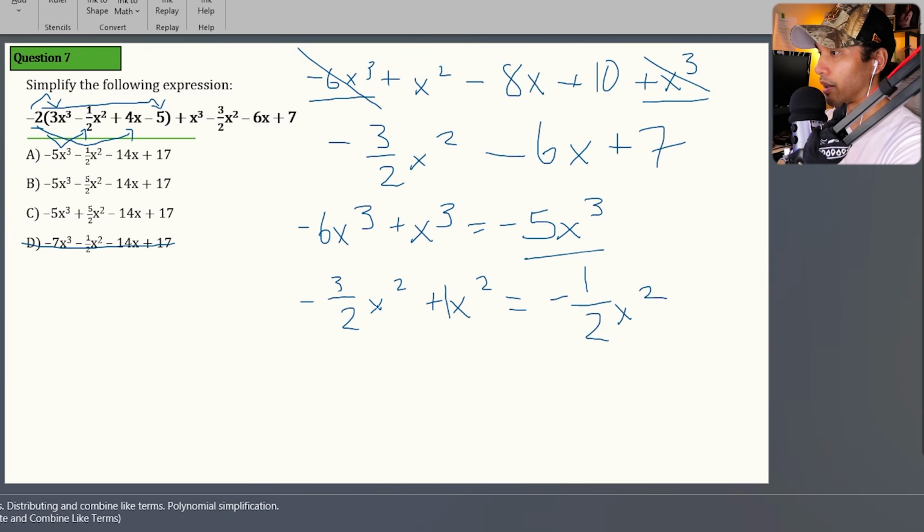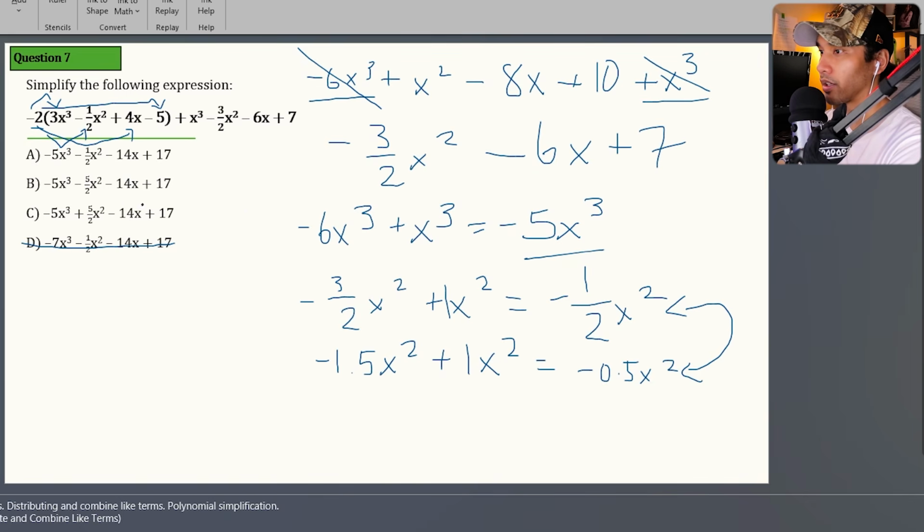Because remember I told you that this is -1.5 x squared plus, remember I put this 1 there, but that's just to emphasize, and then a negative 1.5 plus a 1, okay, we're left with a negative 0.5 x squared, which also equals negative 1/2 x squared, okay? It's just a different way to look at it.